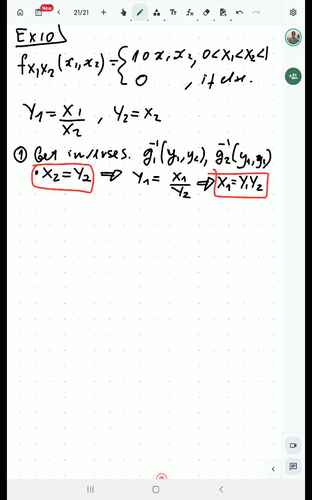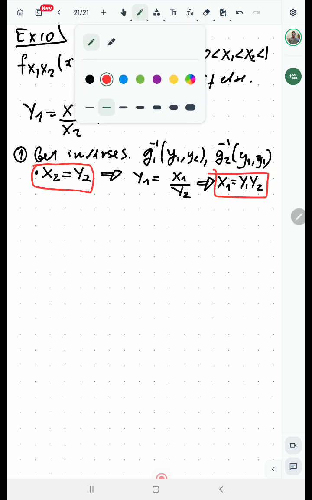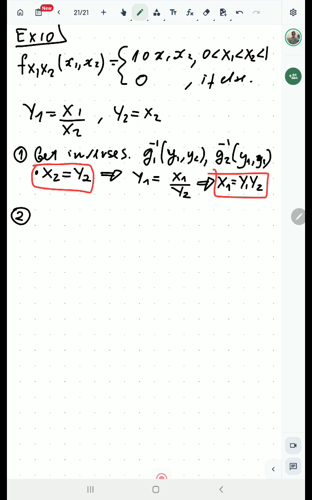Great. Now, second thing, we have to evaluate the joint PDF at the inverse function values. Meaning, take x1, x2, and evaluate them at g1 minus 1 of y1, y2, and the second function, which has arguments y1 and y2. We know the joint PDF is just 10 x1 x2.